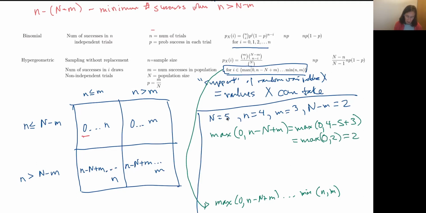Okay. And similarly, the minimum of n and m, that's a little bit easier to think about, the min of the sample size of 4 and the number of successes in the population 3 is 3, and so indeed X could be 2 or 3, just as we said there.